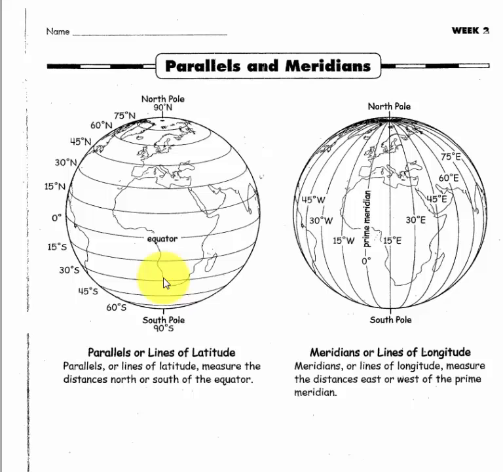And in fact, if you wanted to give me the name, that's fine, but also give me the number. Because as you can see over here, we do have numbers that are associated with our lines of latitude. So which number splits it in half? The location is the second part. It said what imaginary line and what is its location. So make sure that you have both answers for that one.